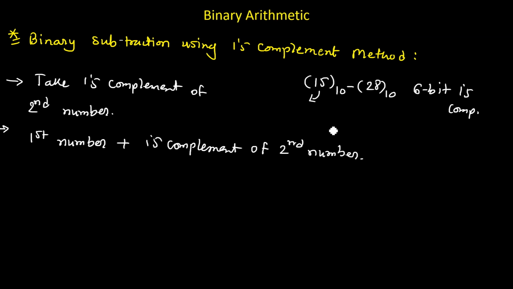If we convert the first number to binary format, then 15 in decimal is equivalent to 001111 in 6-bit binary representation. 28 is equivalent to 011100 in 6-bit binary format.